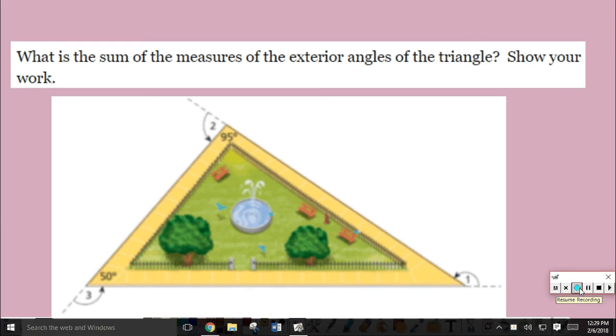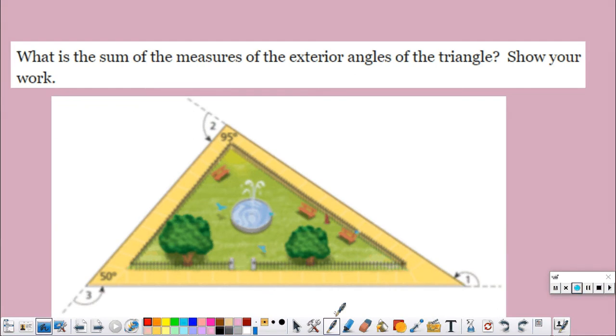The measure of angle 2 is what? 85 degrees, good. What about angle 3? 130, good. What is the interior angle that matches angle 1? 35 degrees. So this one over here is 155.